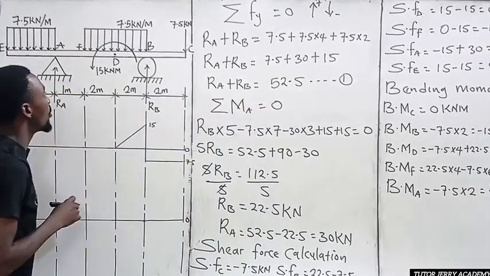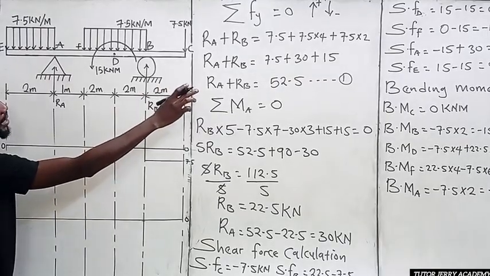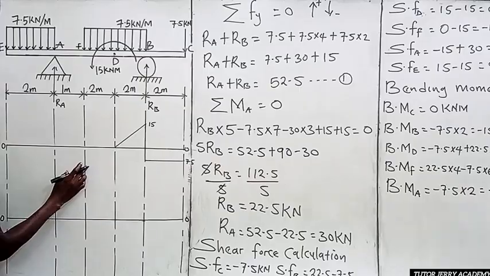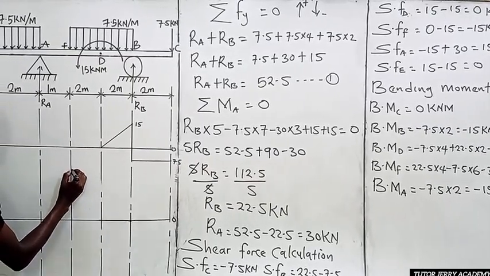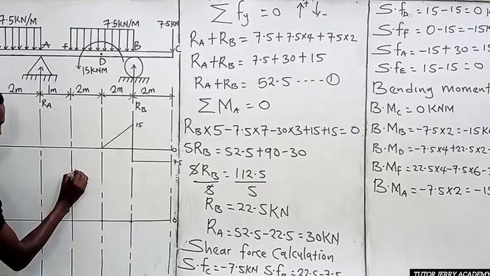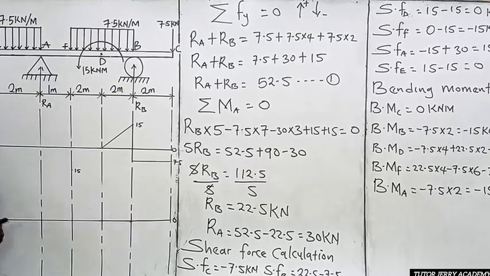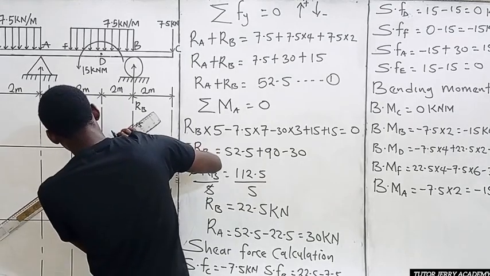All right. So now that is point D, and the shear force at our point F is negative 15, right? So let's take this point here to be our negative 15. Again, we are going to join these two lines by an inclined line.